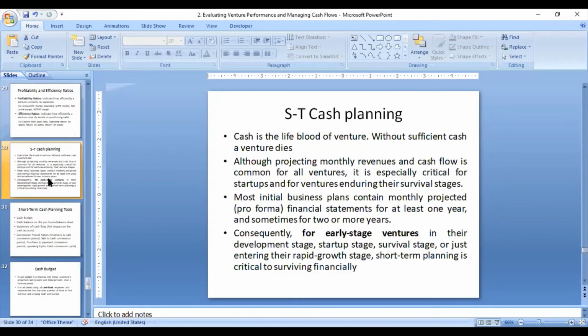But anyway, here we discuss short-term cash planning, because as you understand with the cash burn and cash build rate, cash is the lifeblood of the venture. Without proper cash management, proper cash in the operations, going forward is very difficult.